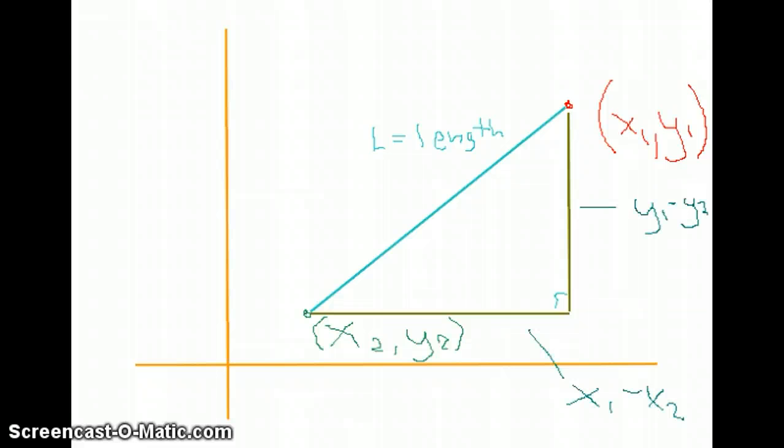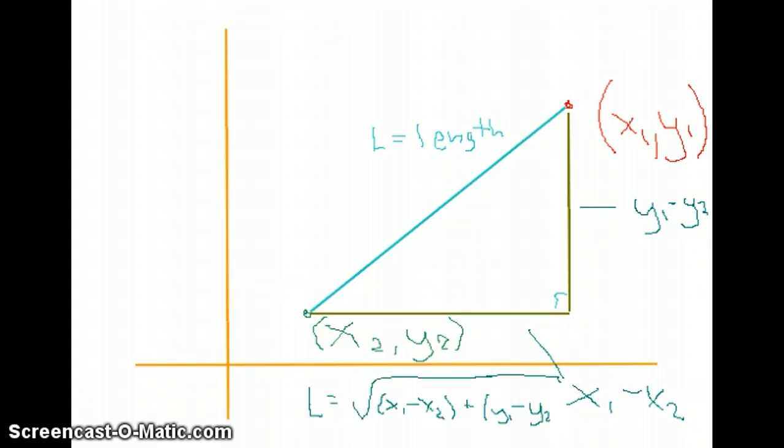The lengths of the legs are simply x1 minus x2 here and y1 minus y2 here. Now the Pythagorean theorem states that the square of the hypotenuse is the sum of the squares of the legs, so this L here is shown in this formula.